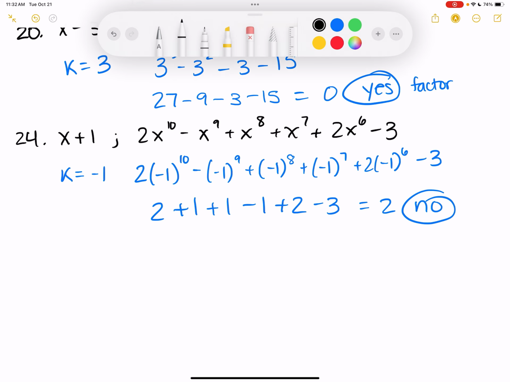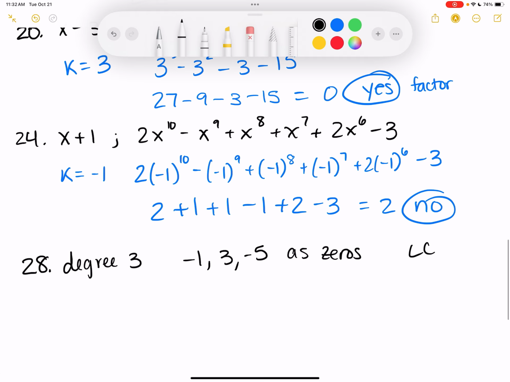They tell us it's degree 3, and it has negative 1, 3, and negative 5 as zeros, and it has a leading coefficient of 2. I usually don't worry about that until I get to the end because it can be too confusing. So this is essentially just a slight modification of the last problem we did yesterday.